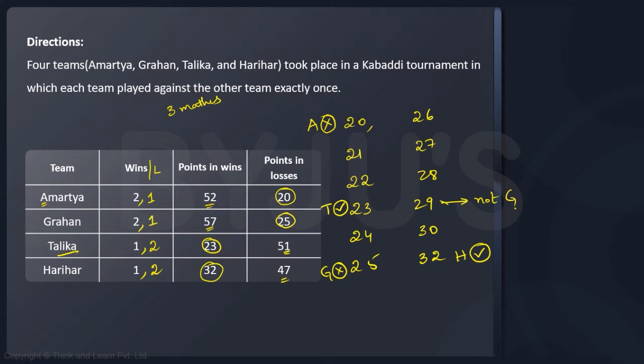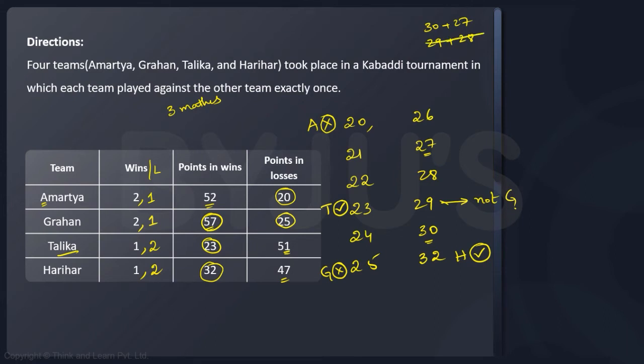32 is already gone. So 30 plus 27 is a possibility to give me 57. Are there other possibilities? 29, then it should be 28. 29 and 28 is also a possibility, but we are looking at Grahan's 57, and Grahan did not get 29, so this is not possible.